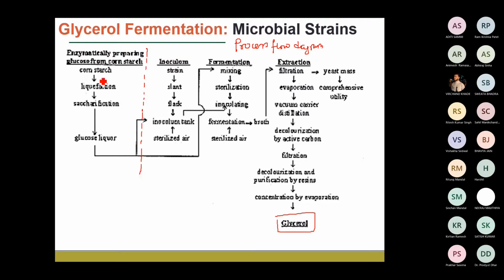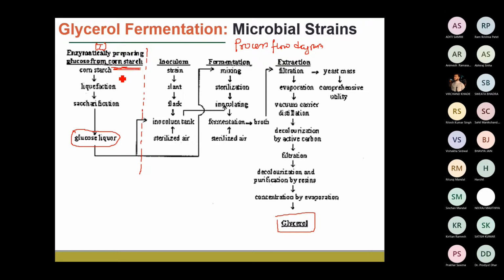The first step is utilizing the agricultural sources. So for example, we have corn starch. From this corn starch we have to extract the sugar derivatives. So what are the sugar derivatives which can be metabolized by the microorganisms? They are nothing but the glucose.